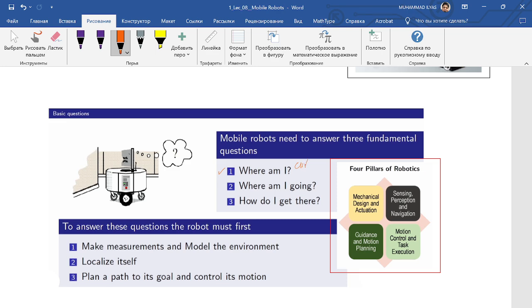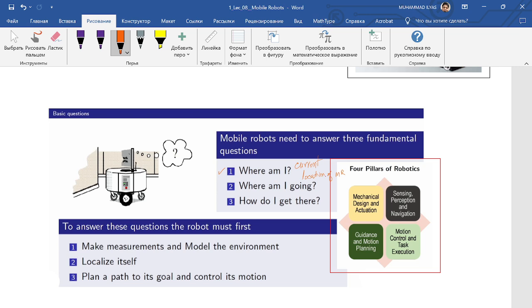We have to figure out the current location of the mobile robot. This is the first thing, because without knowing its own current location, the robot cannot go from point A to point B, or reach some other object to grab it. That is the first question it has to solve.